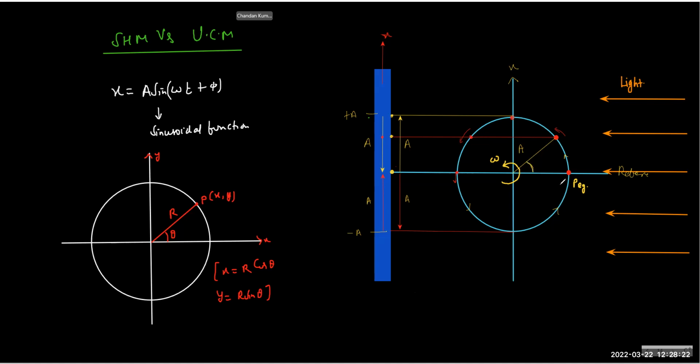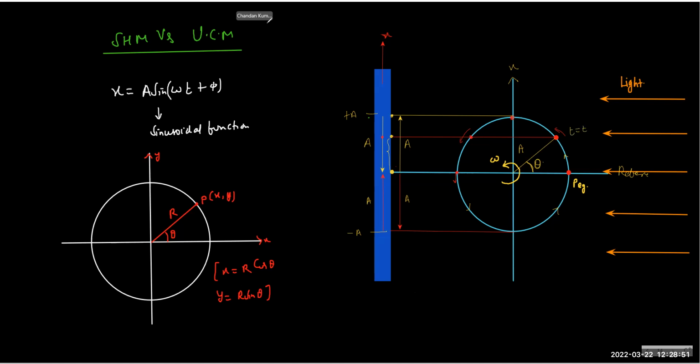In a way, you can say that for every linear position you can project onto the circle, you will get an angular position, and this is called phase angle, theta. And we write theta as a phase angle, and the phase angle means the angle with respect to the reference at any time t.